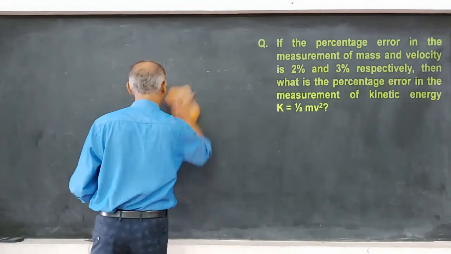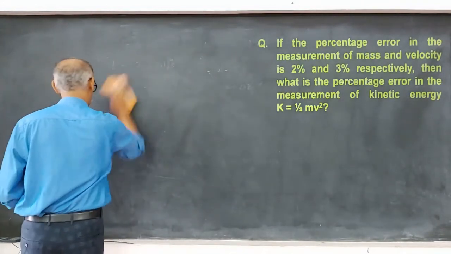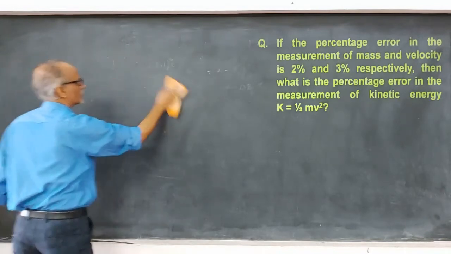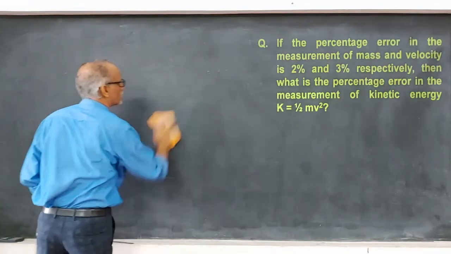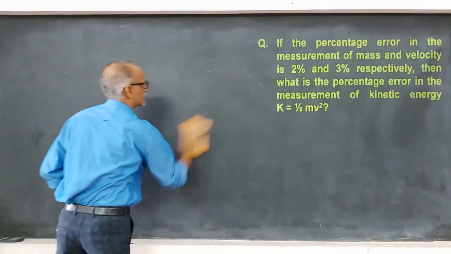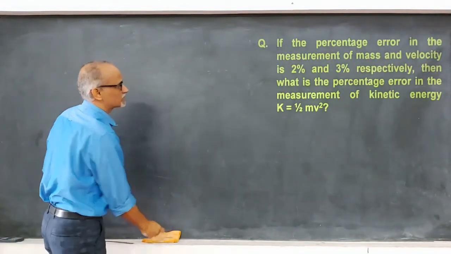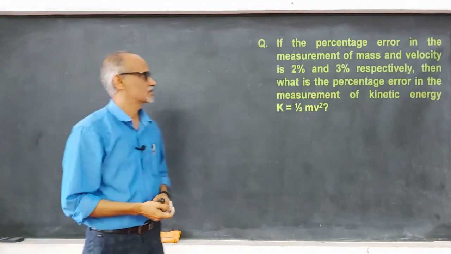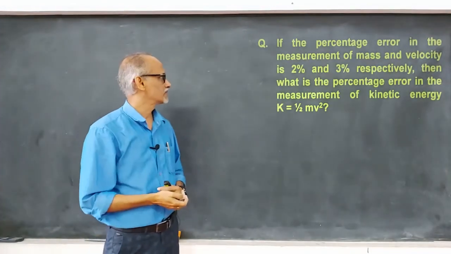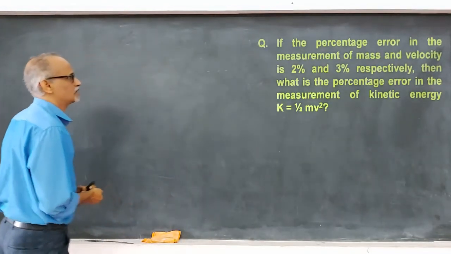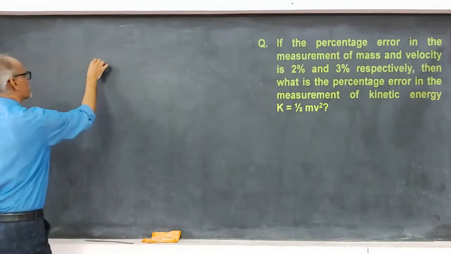So go through the statement of the question. The statement is: if the percentage error in the measurement of mass and velocity is 2% and 3% respectively. They have given the percentage error in the measurement of mass.